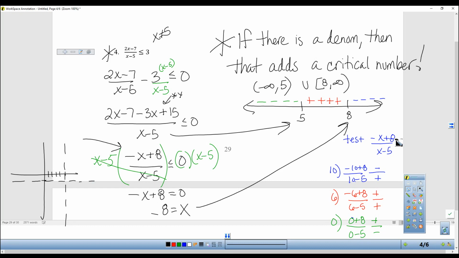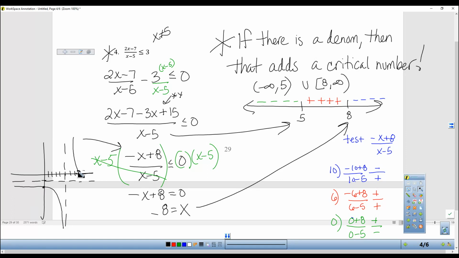And it has an x-intercept, where the top is equal to 0, at 8. So 5, 6, 7, 8. And its y-intercept, putting in zeros in there, is negative 1 and 3/5. So down here somewhere.